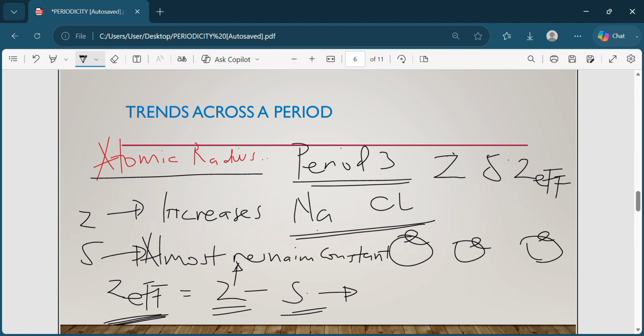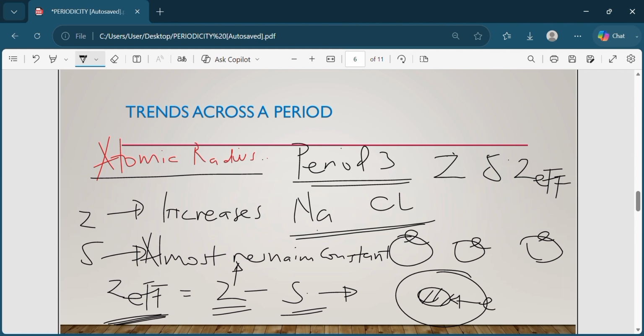So if we have effective nuclear charge increasing, and this is the nucleus, the net charge attracting the electrons towards the nucleus is increasing. What now happens to the outermost electrons? These outermost electrons become so strongly and closely attracted towards the nucleus, because the net charge that is attracting is increasing across the period.